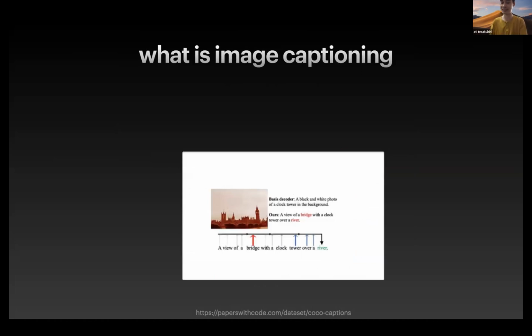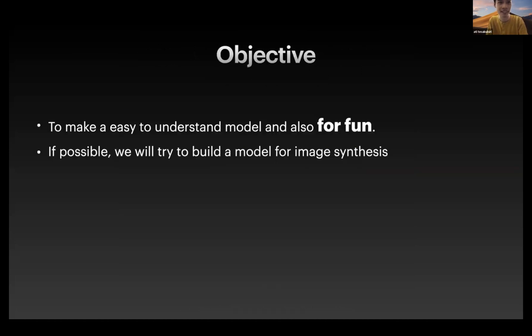But actually, I still don't know how to do it. My objective is to make an easy, understandable model, and also for fun. And if this is too easy, I may do something more on image processing, image synthesis.